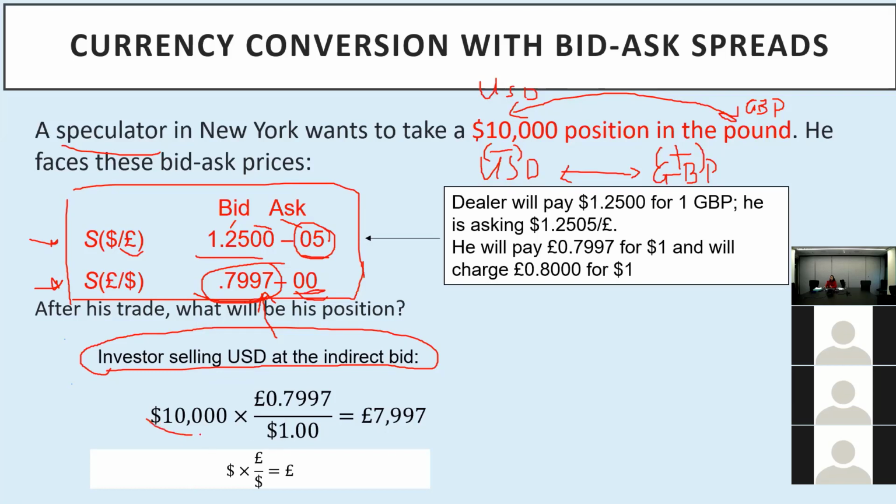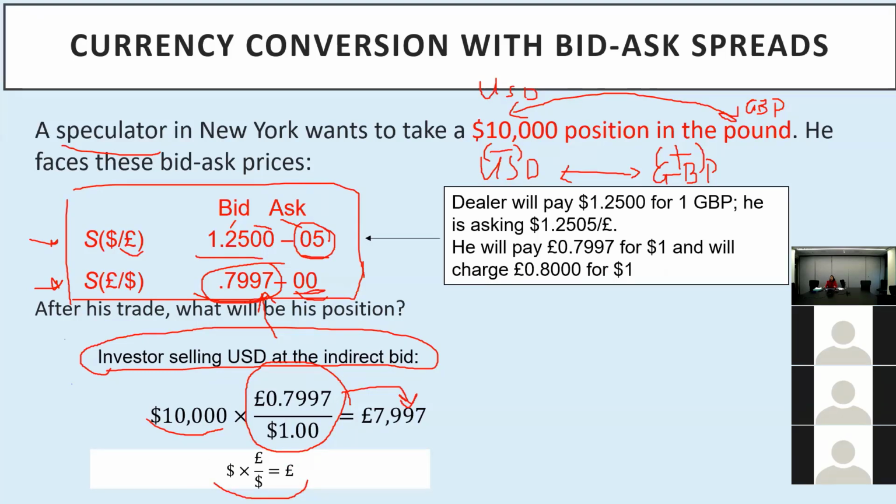This is the amount of USD I have. If I multiply it by the value of each USD in terms of the pounds, I will get the equivalent pound number.